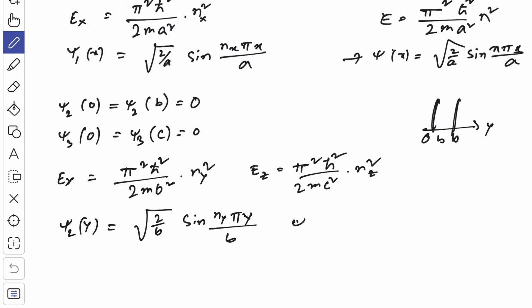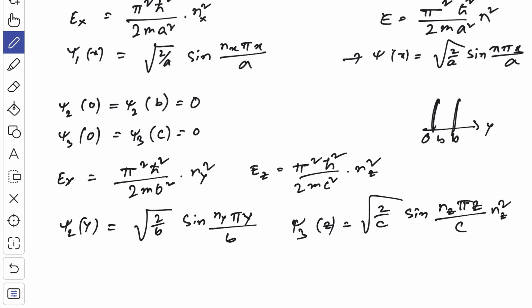And psi 3 will be equal to root 2 by c sine nz pi z by c. That's what we will get.